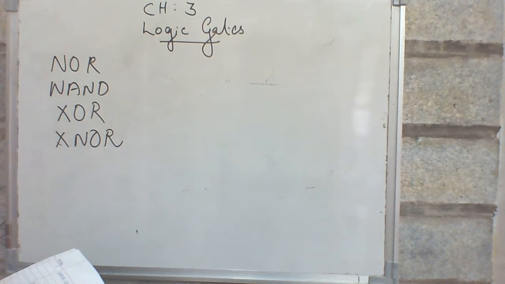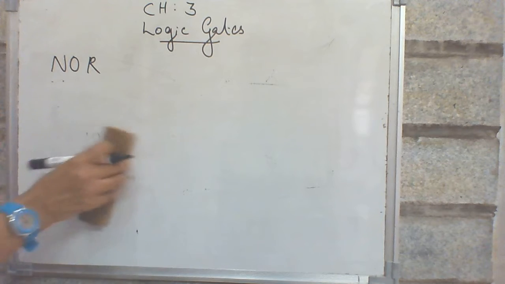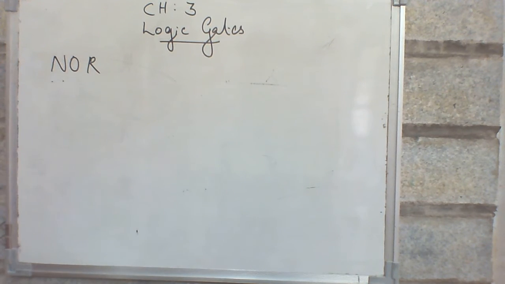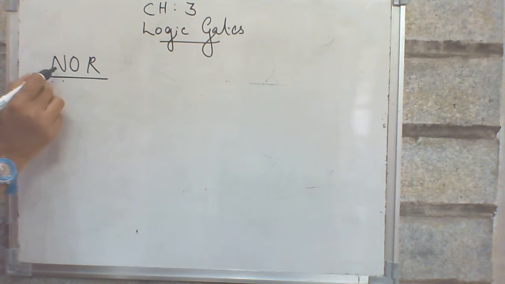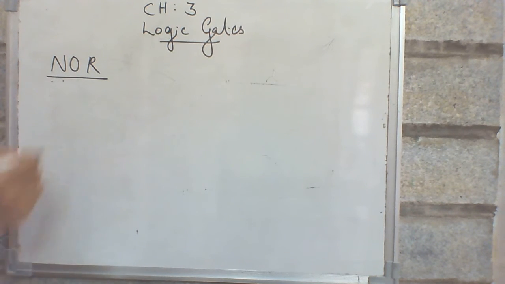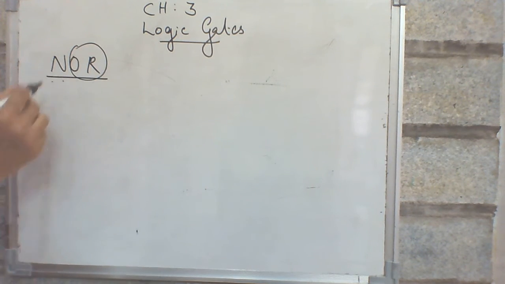These are the derived gates. First we can discuss the first one, NOR gate. Actually this NOR gate means OR gate followed by NOT gate.